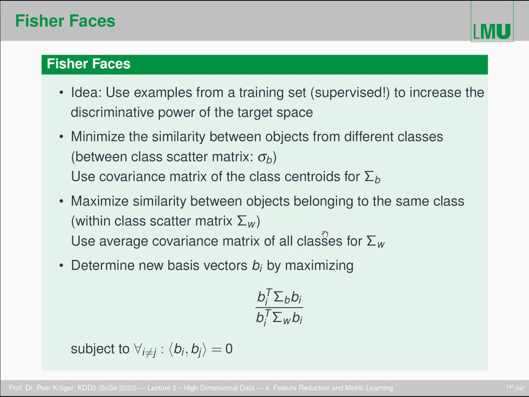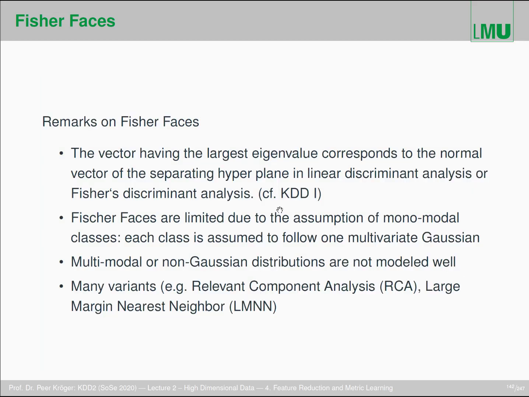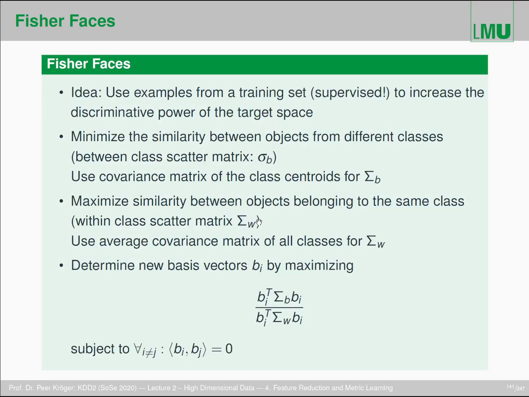So the assumption is, and it's in this sigma w, that all the classes for themselves can be modeled by a multivariate Gaussian distribution. So multimodal or non-Gaussian distributions are not modeled well here, obviously, because, as I said, we take the idea of Gaussian distributions, and that's it.